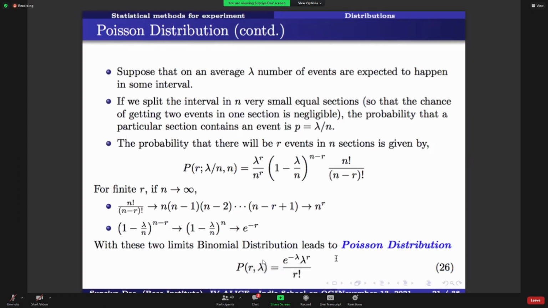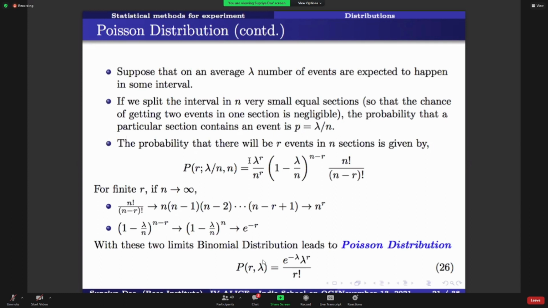With these two limits, the binomial distribution leads to Poisson distribution, which is given by P(r) equals e to the power minus lambda, lambda to the power r by r factorial.